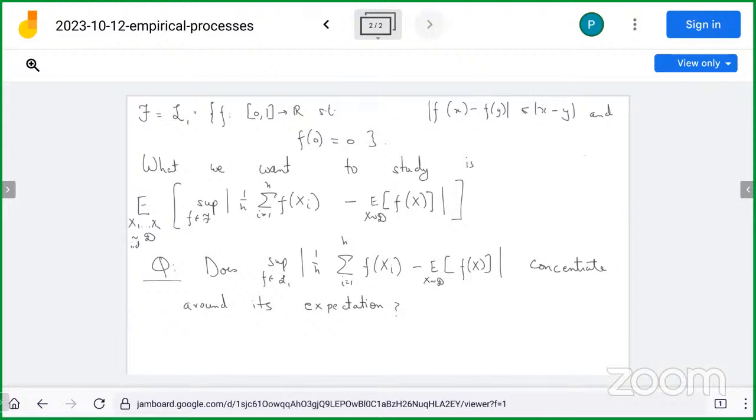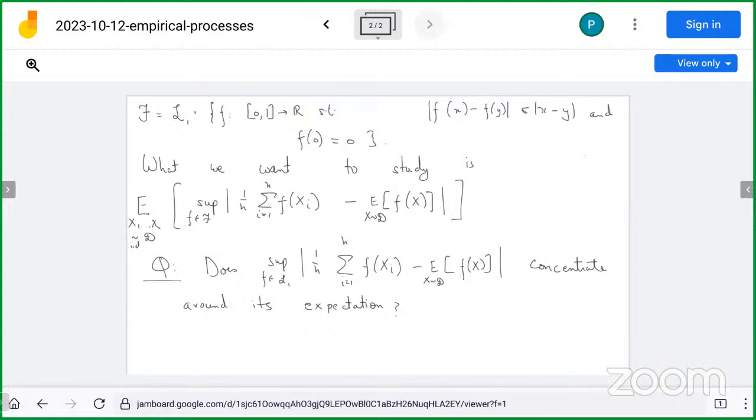If this sup was not there, suppose F has just one element. It's just the fact that F concentrates around the expectation, extremely well. That will imply that the expectation also has to be small.